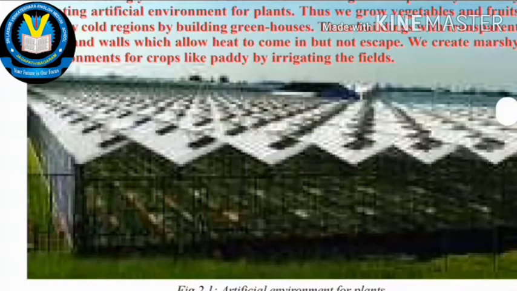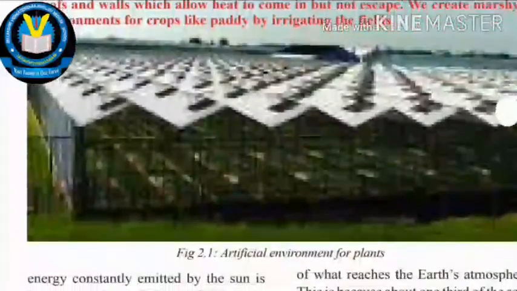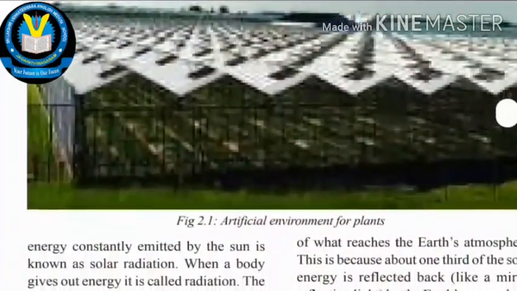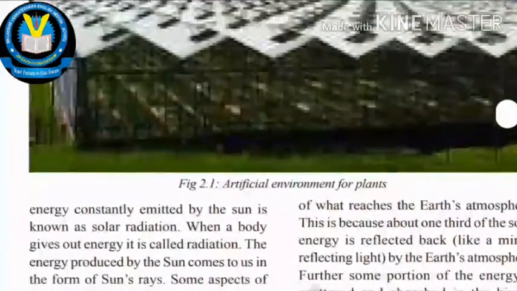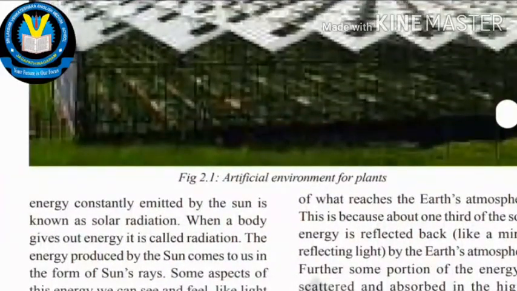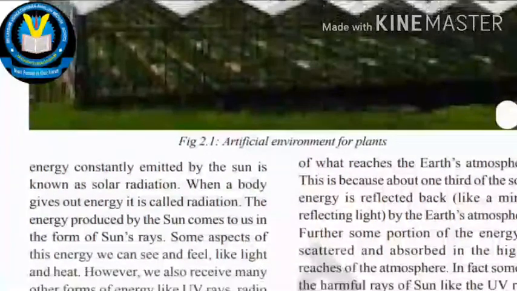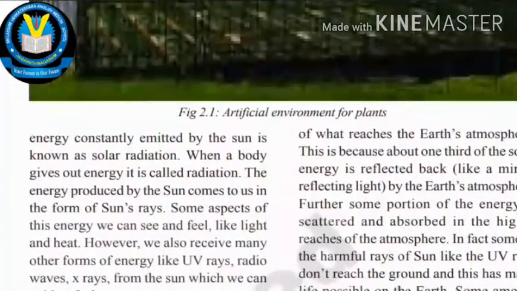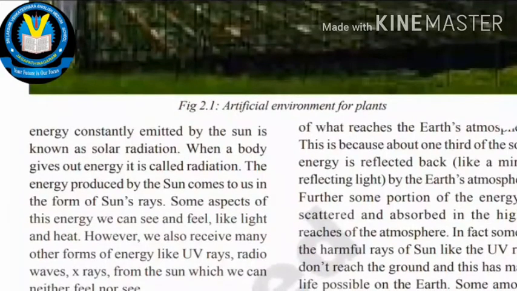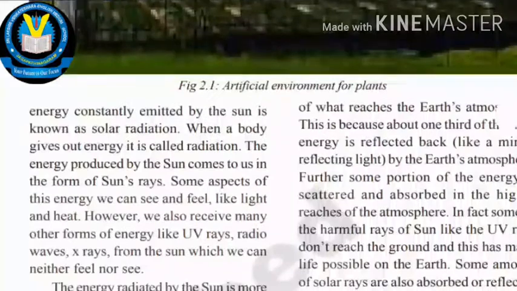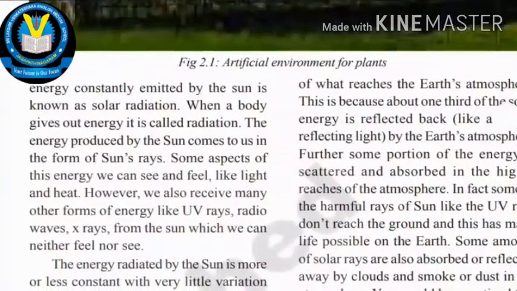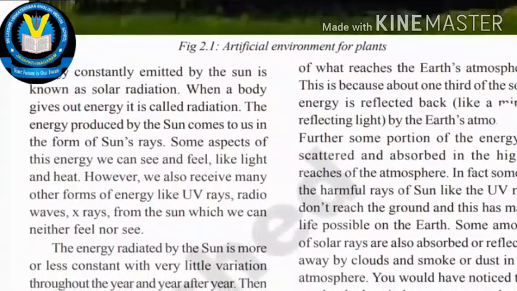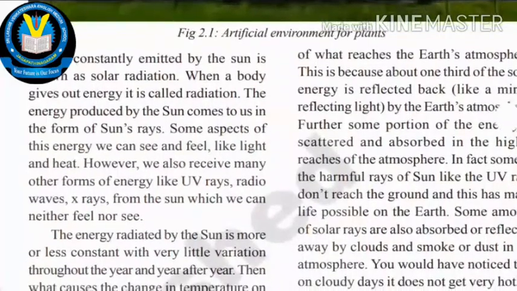So, just now we heard that we human beings create artificial environments for the plants in the cold countries. There is only incoming, no outgoing. In that case, we actually keep on this earth more heat than we are supposed to release. So this is called the greenhouse effect.